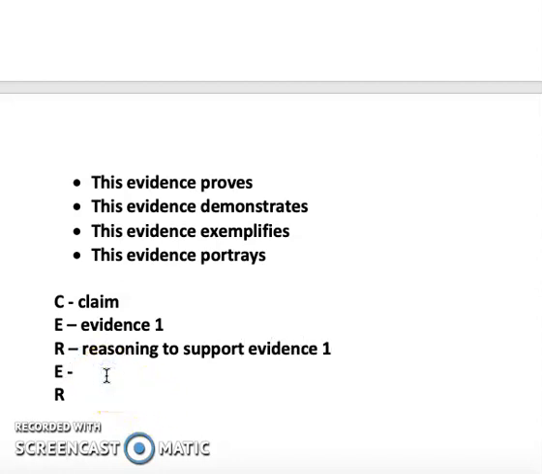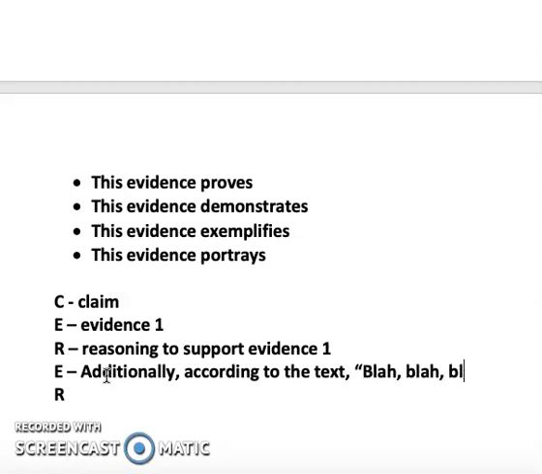Then you would start evidence 2 by saying, additionally, according to the text. And then reasoning to support evidence 2.